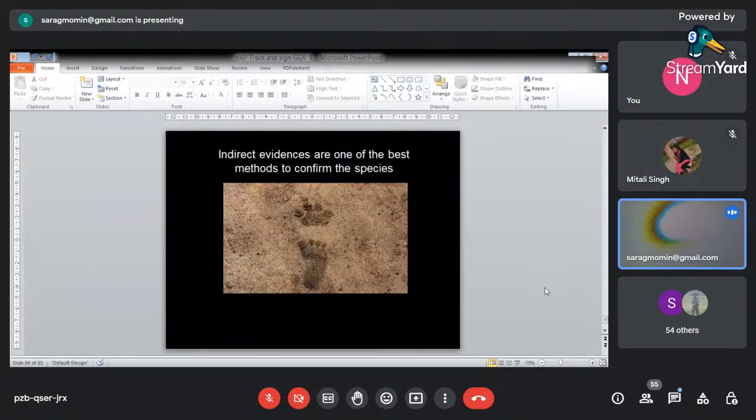So these are all indirect evidence you can use not only to confirm the presence of certain species, but also to estimate the population size of a species.